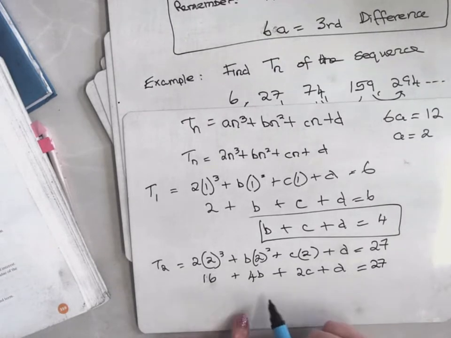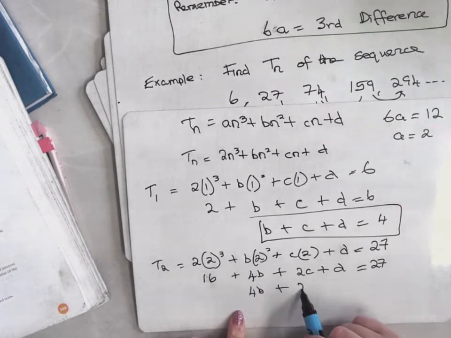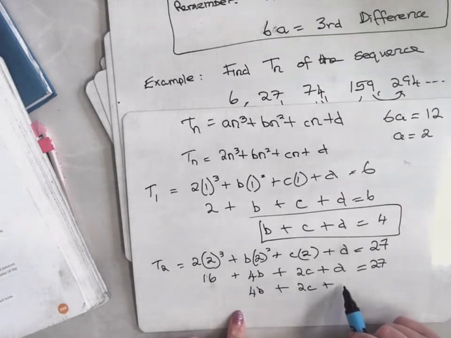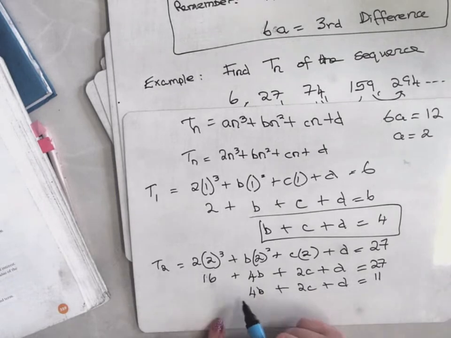Bring across the 16 and you get 4B plus 2C plus D equals 27 minus 16, which is 11. Is that okay?